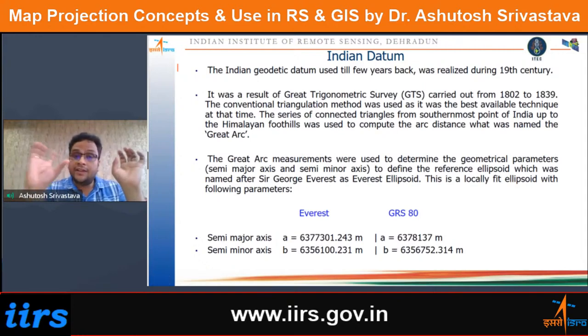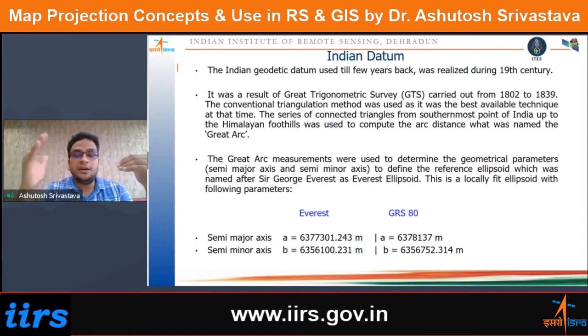So that time, whatever datum or ellipsoid was developed in India, generally if we use local information, it may not be suitable for other regions, but see how close it is. It's much closer to the geocentric one.